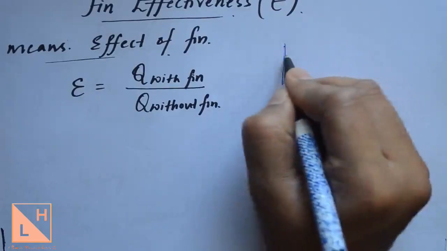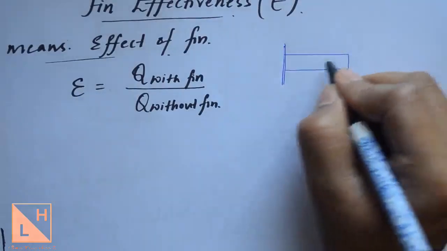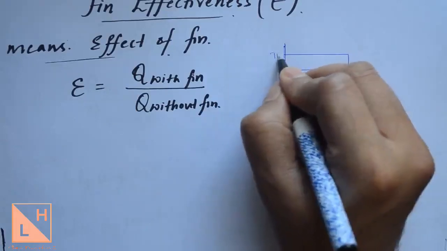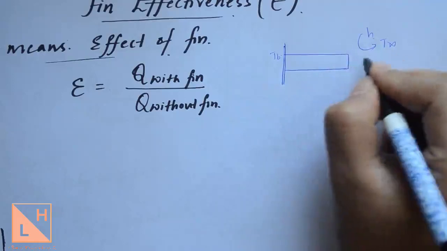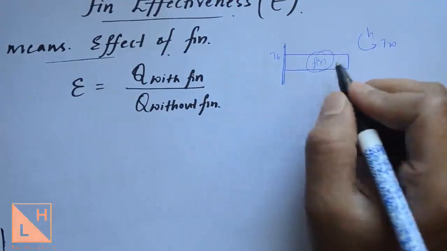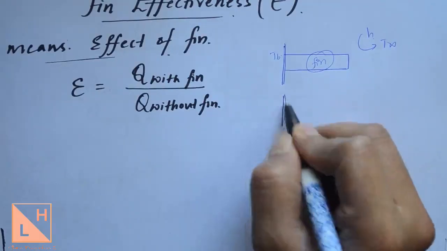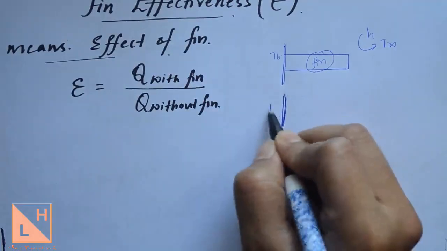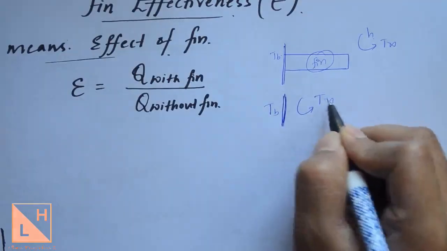We'll understand it in a much better way with this example. We'll consider a fin which is attached to a base. Let us assume the base temperature to be Tb, and this fin is exposed to surroundings at T infinity and h. So here we have the fin. Let us consider another example where the same base with the same base temperature Tb is exposed to surroundings at T infinity and h.